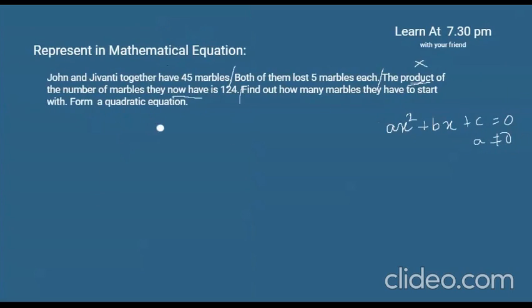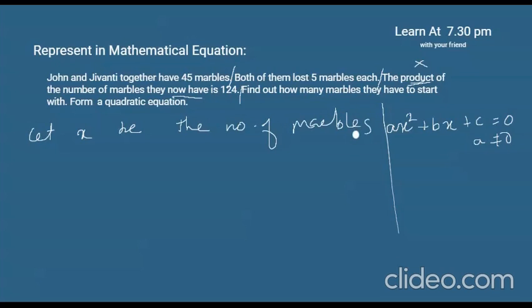So let's come back to the question. Now how will you write this? Let x be the number of marbles that John had.